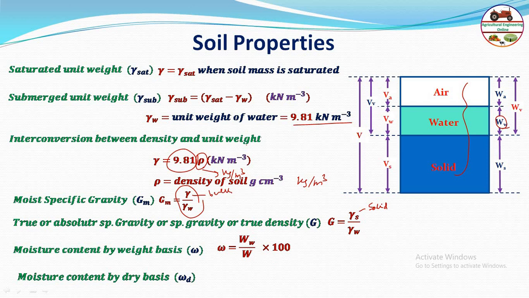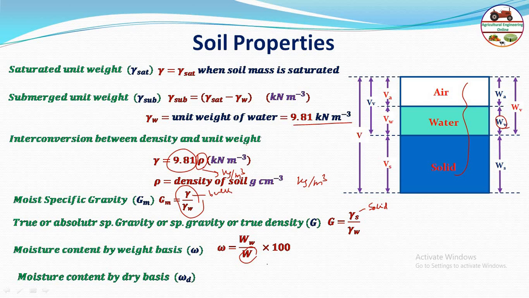So that is the percentage of moisture content. This is weight basis, because W is the total weight of the soil. Therefore this is called moisture content on the weight basis.